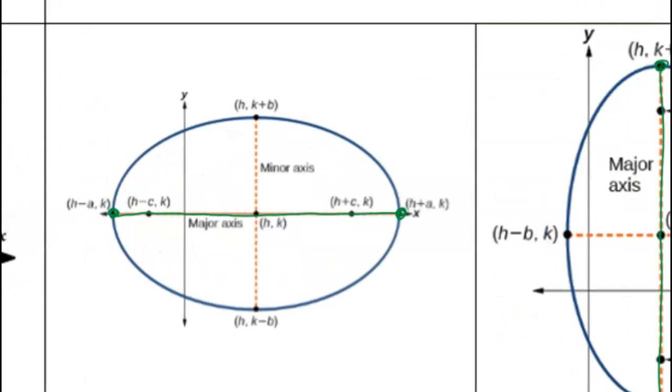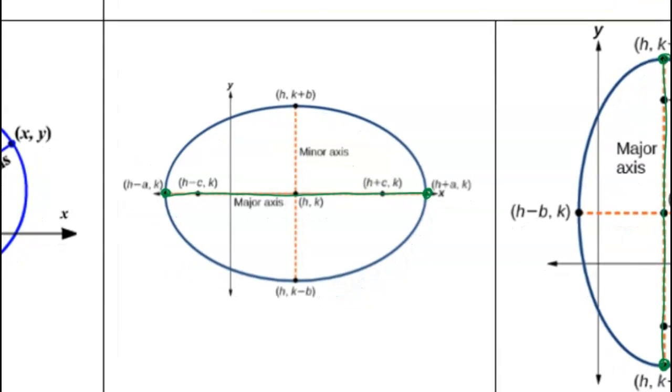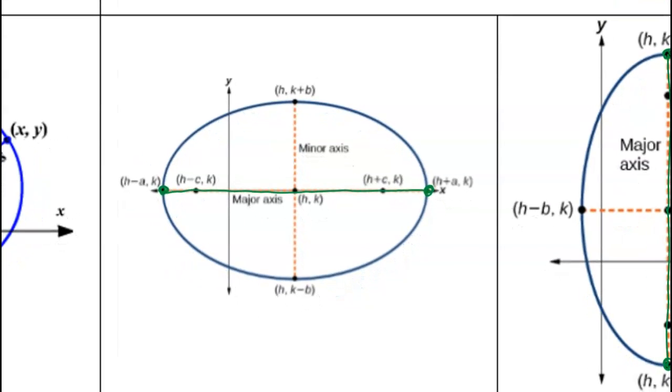Now, if I'm looking at this horizontal ellipse, there are a couple of variables. The length from the center of the ellipse to the edge of the ellipse along the major axis is a, where a is called the semi-major axis. Semi meaning half, so a is half of the major axis.